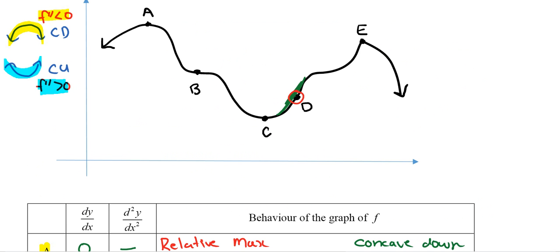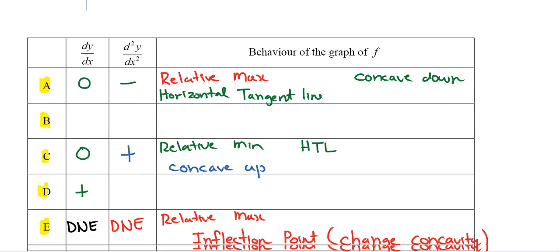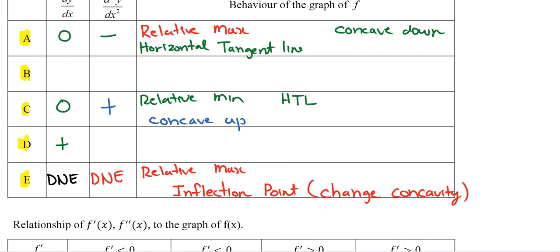And if you look at point D very carefully, that actually resembles an inflection point, because to the left-hand side, I'm concave up, and on the right-hand side, I'm concave down, I guess. So since I'm changing concavity, that means my second derivative is going to be 0, right? So this means f will be increasing because I have a positive slope there, and that also implies that I have an inflection point, so IP, inflection point.